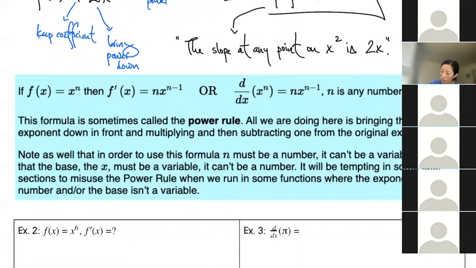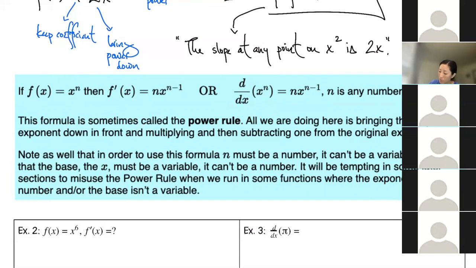Another way to write that, instead of f prime, we're using our d dx notation, okay? Different notation, but same idea. If you like to write it with the d dx of x to the n, you're still going to have n x to the power of n minus 1.